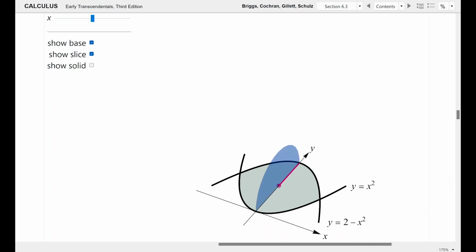You could see how big the slice is; the area of that slice depends on x. If we go a little bit farther down, we'll get a smaller one, and farther down, yet a smaller one. And so that's our A of x. That's the area at a particular x.